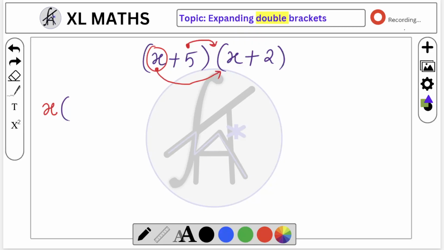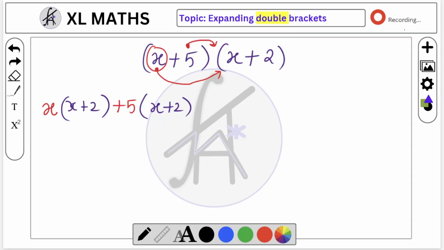So it tells us that the first term will multiply with the entire second bracket, x plus 2. Then let's take the second term. What's the second term? It's plus 5 with the operator for sure. And it would multiply with the other bracket. So we are not really touching the second bracket, but we are breaking the first bracket. Correct?